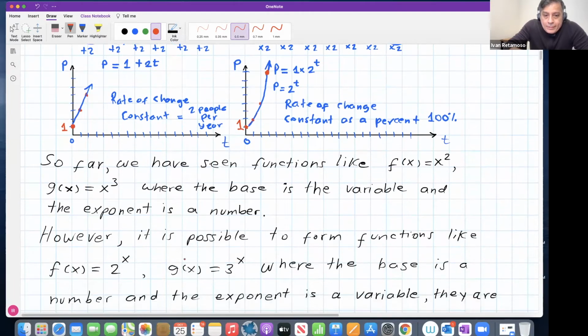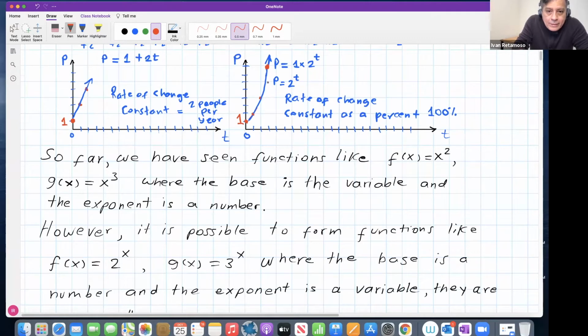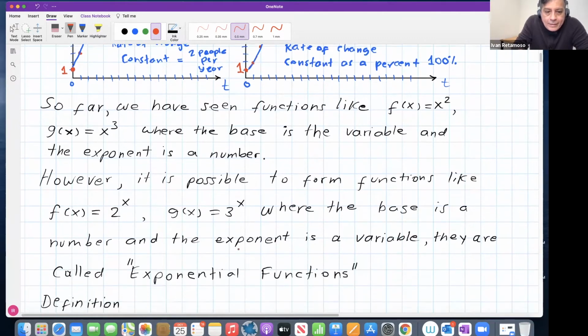Now, however, it is possible to form functions like f of x equal 2 to the x, or even g of x equal 3 to the x, where the base is a number, like 2 or 3, and the exponent is a variable. Mathematicians study these functions. They call them exponential functions, because they resemble exponents. And when graphed, they show something that grows very fast.